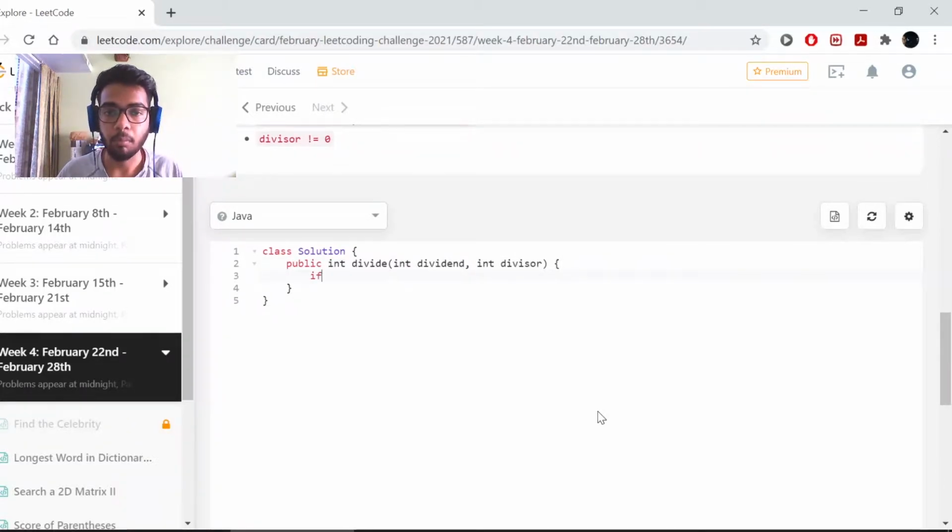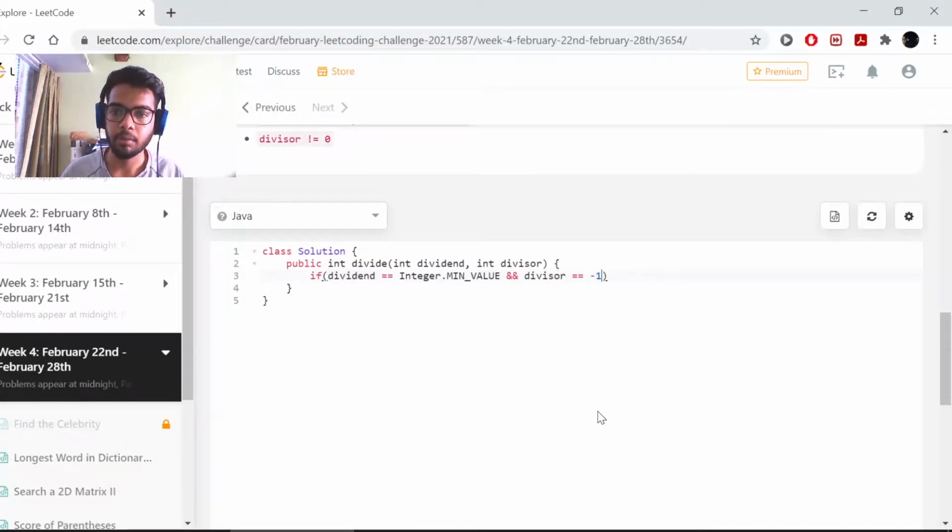First I am going to write: if my dividend is equal to Integer.MIN_VALUE, because it's 2 raised to the power 31 in negative form, and my divisor is equal to -1.